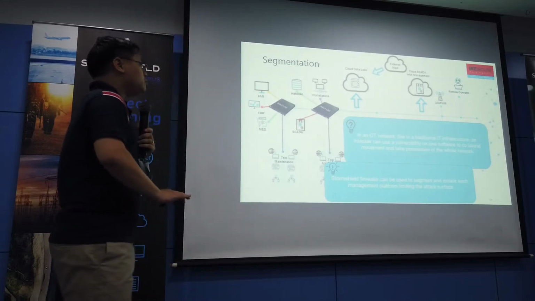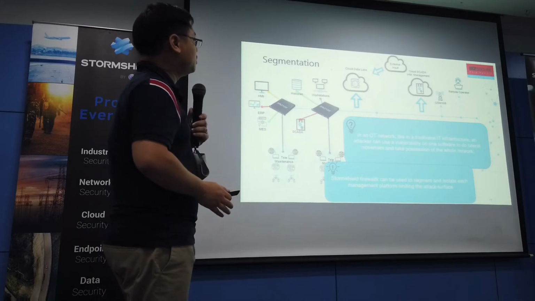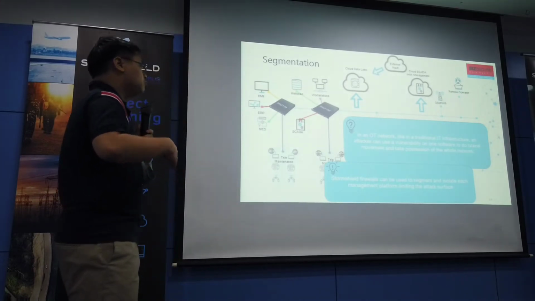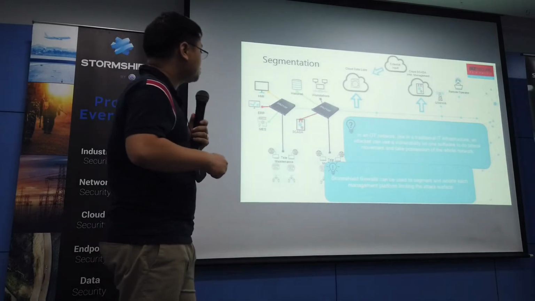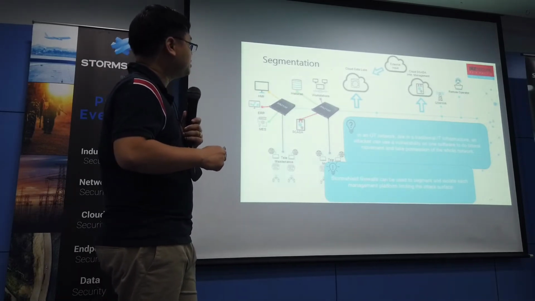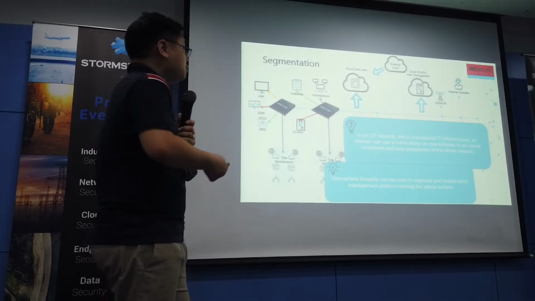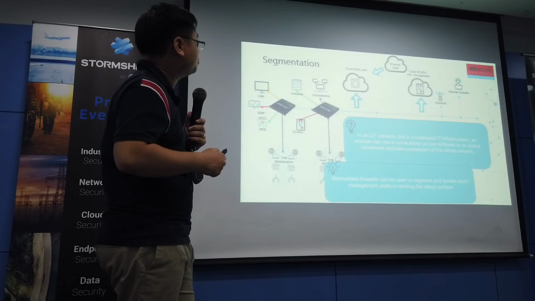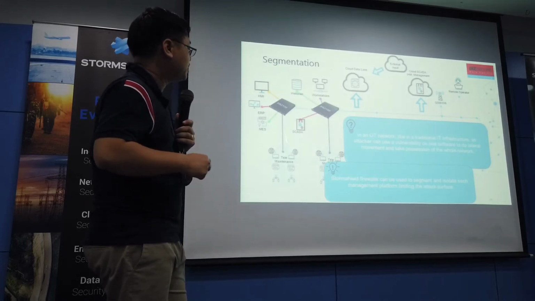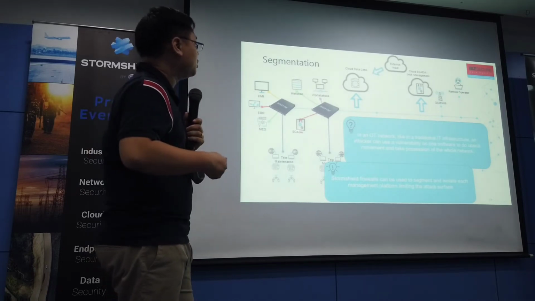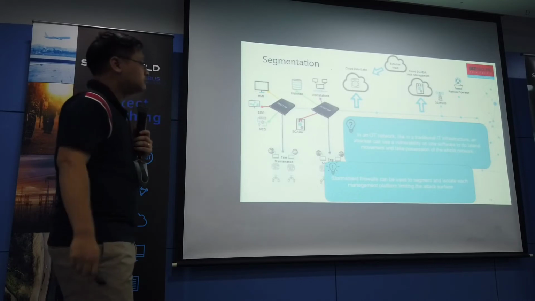So with Stormshield, whether you are in IT or OT, you will be able to segment your network and isolate each part, so that if there is a breach somewhere, in the workstation for example, or in the telemanagement, like I said, or in the SCADA system, you completely block them from going everywhere.